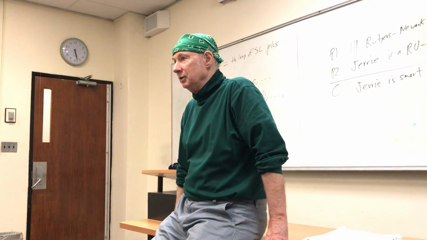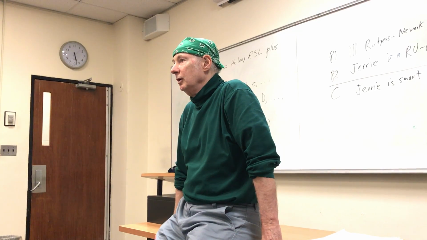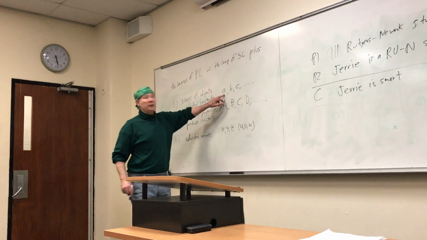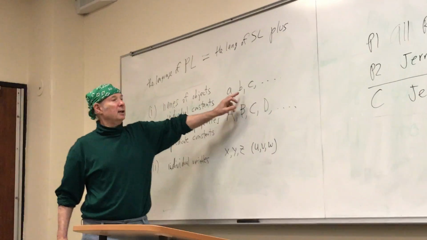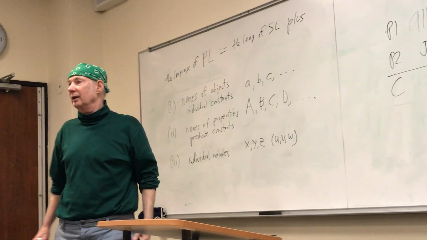Variables whose values are objects. So the values of these variables are these things: A, B, C, D, E. Those are the names of the objects, whatever they are.